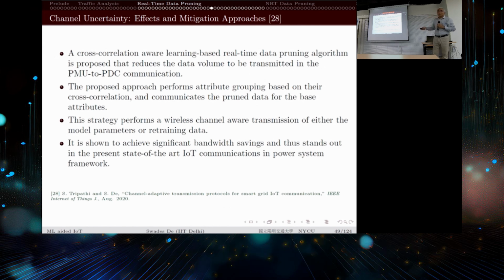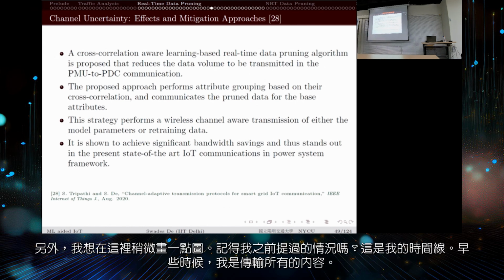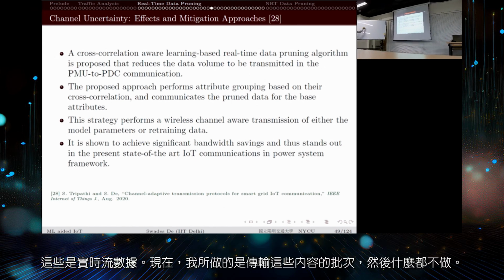That is one. Now the question is, how do I put redundancy? What is the optimal redundancy I need to inject? This is one part. The other part is, I wanted to maybe draw a little bit here. So remember that I had this situation. This is my timeline. Earlier I was transmitting all the content. These are like streaming data.